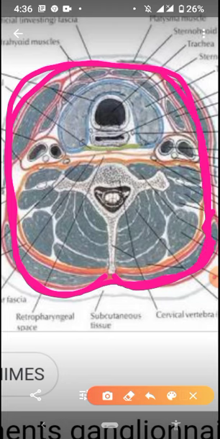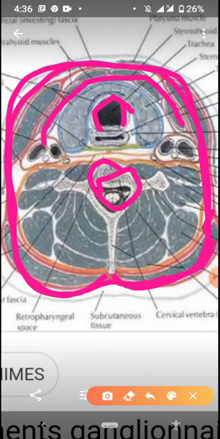And then we have the pretracheal layer. Here is the trachea, and in front of the trachea you have the pretracheal layer. Behind, this is the vertebra, and behind it you have the prevertebral layer.